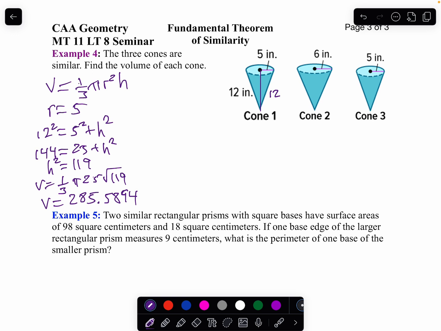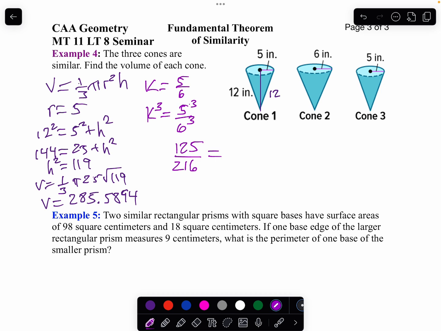Now to find the volume of the second cone, I'm just going to use my fundamental theorem of similarity. And so we're going to say my ratio, K, is going to be 5 to 6. But I'm doing the volume, so my volume is going to be 5 cubed to 6 cubed, or 125 to 6 cubed is 216.